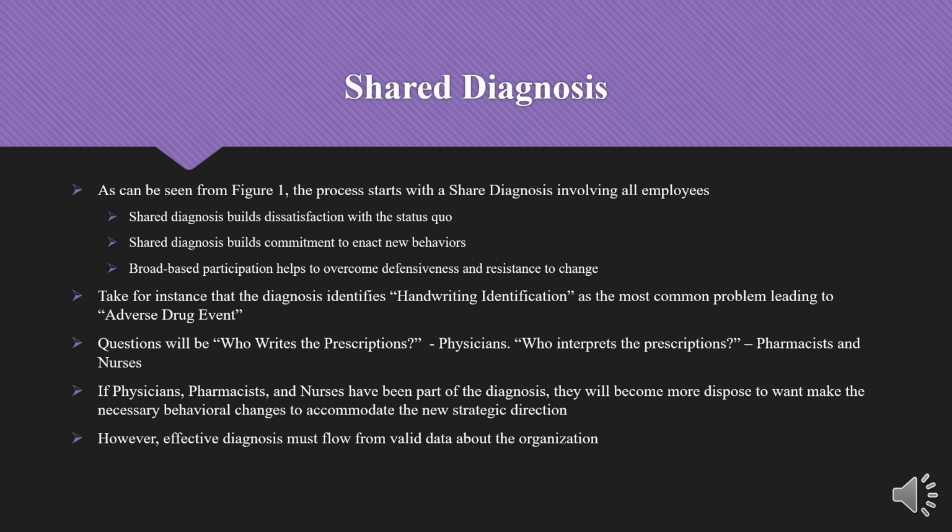If physicians, pharmacists and nurses have been part of the diagnosis, they will become more disposed to want to make the necessary behavioral changes to accommodate the new strategic direction. However, effective diagnosis must flow from valid data about the organization.